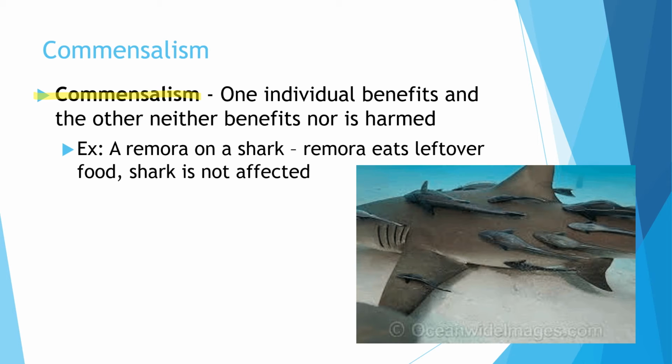A remora is a specific fish species, and they have this disc on their head that allows them to attach to larger animals. The benefit here for the remora is that it gets to eat all the leftover food from the shark's eating habits. But the shark is not affected by the remora being attached to it. So again, the one benefits, the other is not harmed.